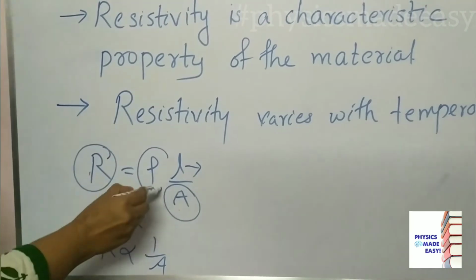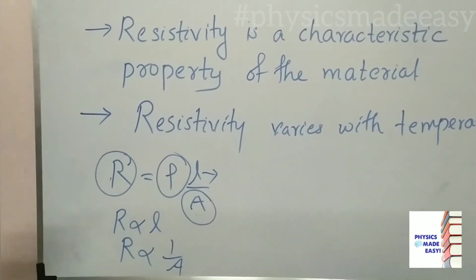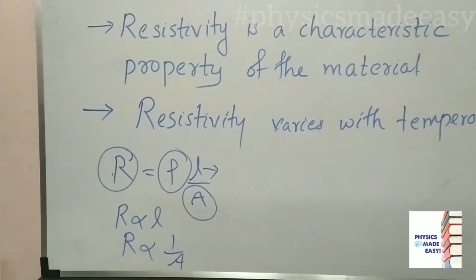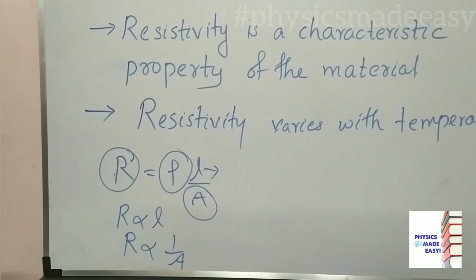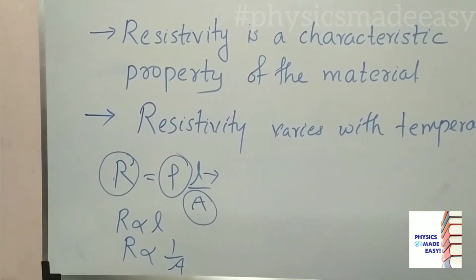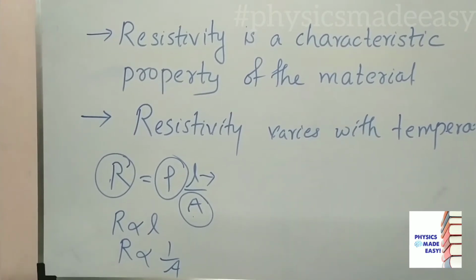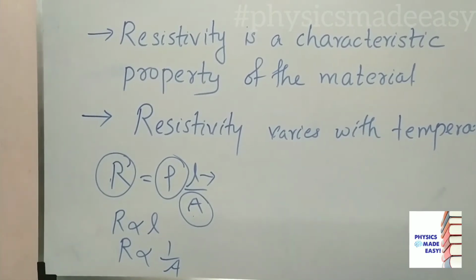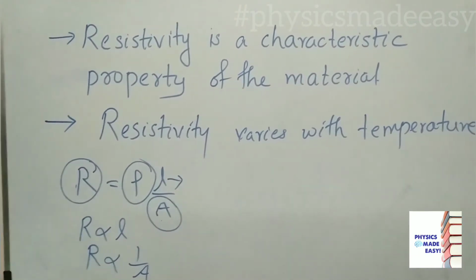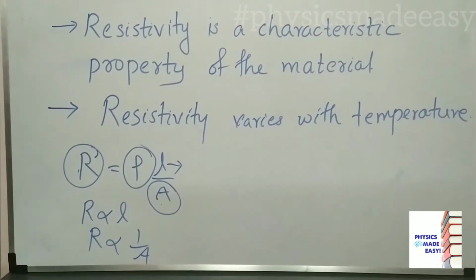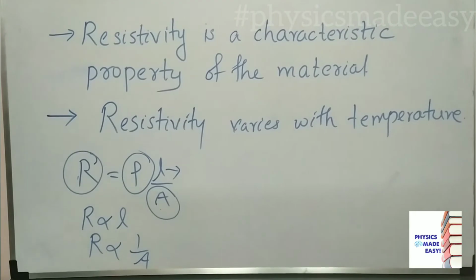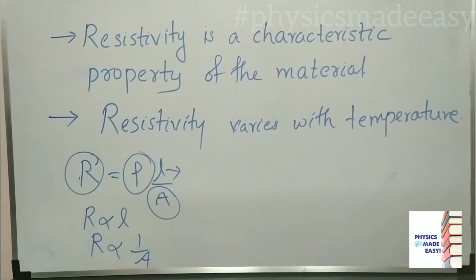But in case of resistivity, these are not factors. If length is increasing or decreasing, or area of cross section is increasing or decreasing, no problem. For a material, resistivity is the same. If temperature changes, some differences will be there. Otherwise, we can say for a material resistivity has a particular value.